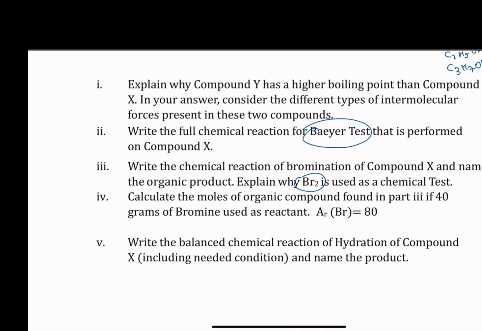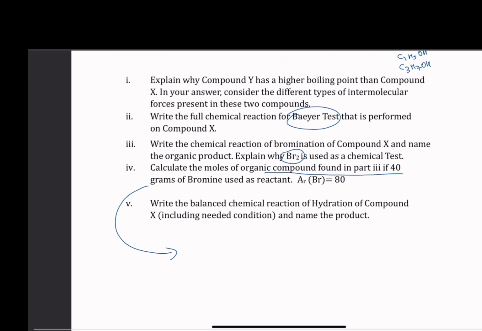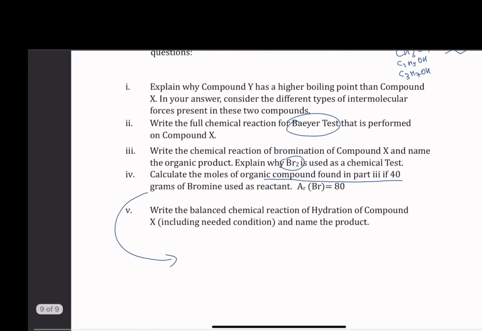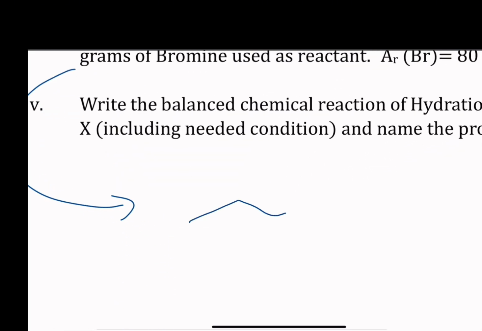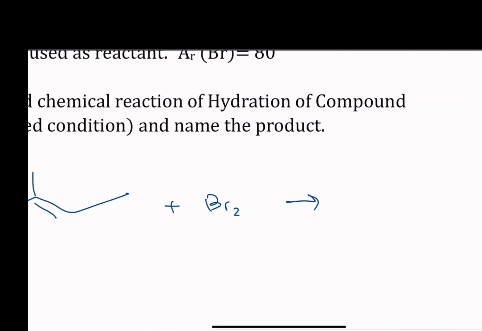Bromination: calculate the mass of organic compound found in 3 if 40 grams of bromine. Now these are just the easy stuff. You can do stoichiometry. So let's say you grabbed one of the compounds and then you added Br2. So Br comes here, and Br comes here.